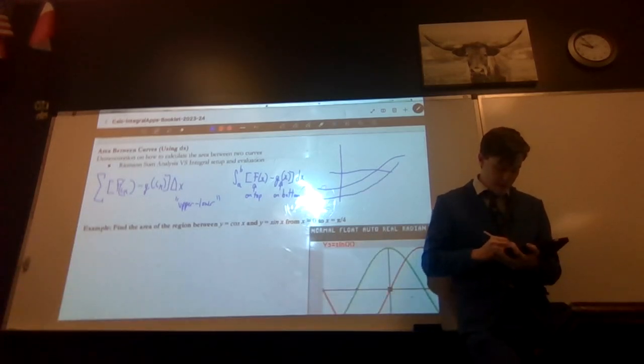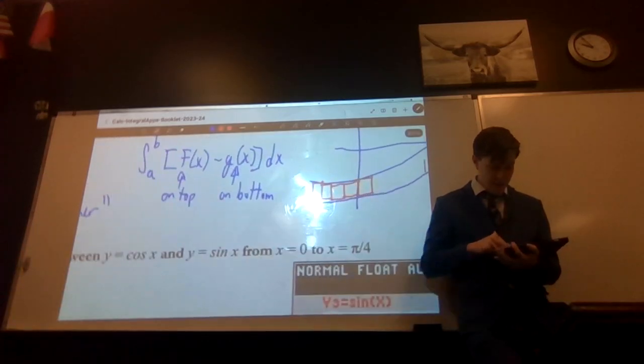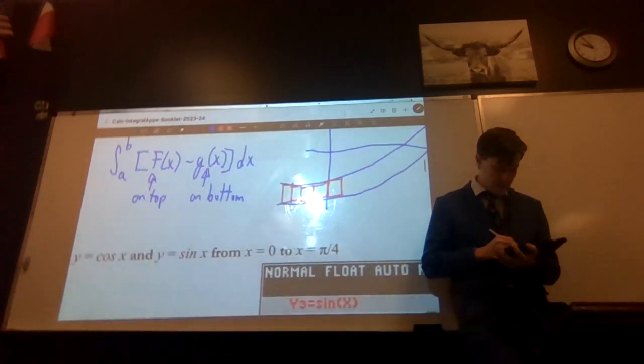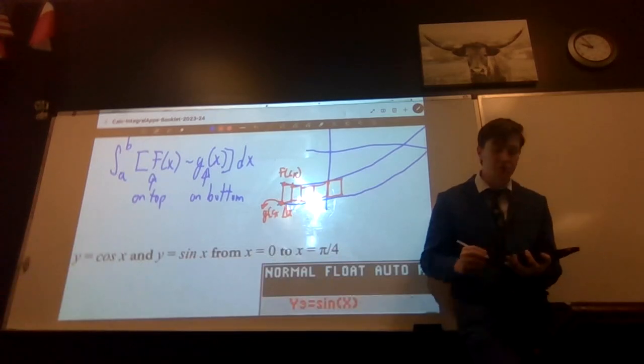If we create these rectangles here that all have the same x value in between them, well, I know that this distance is going to be delta x. I know that the top up here is going to be f of c sub k. I know that the bottom here is going to be g of c sub k, whatever those points are.